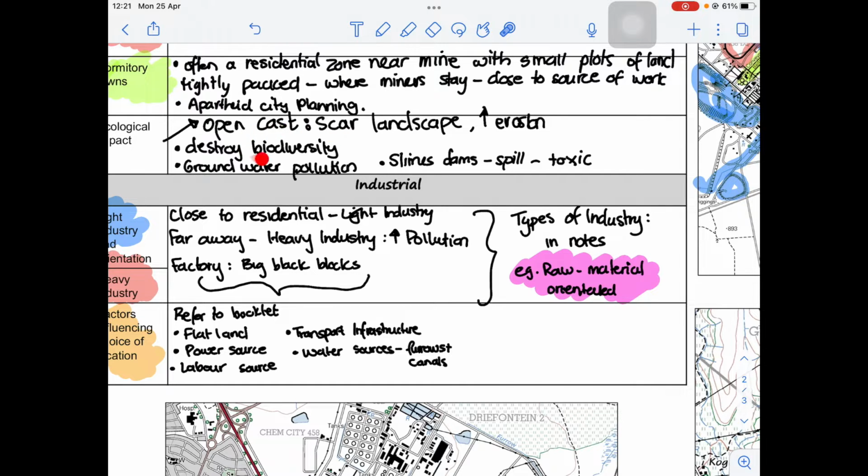And so we have to consider how biodiversity in the area is destroyed by just the land being used, large extensive areas of land being used, vegetation being destroyed out of an area to make space for the mine. Potentially the pollution that comes out of the actual slimes dams or the groundwater that's being polluted by the beneficiation process. We get that acid mine drainage, okay, and there we find that we are polluting our water.